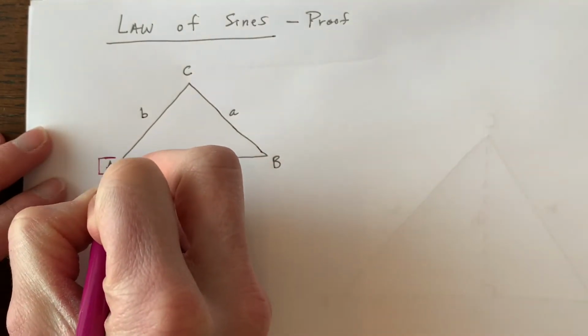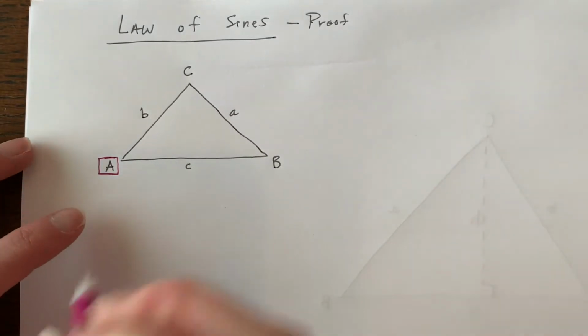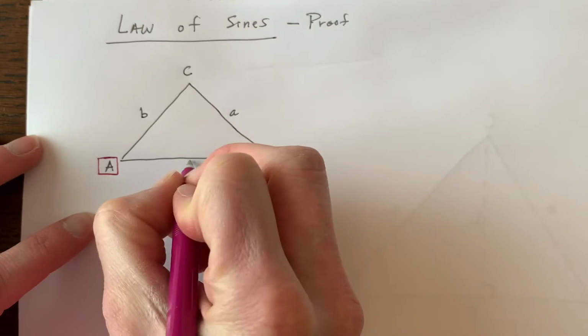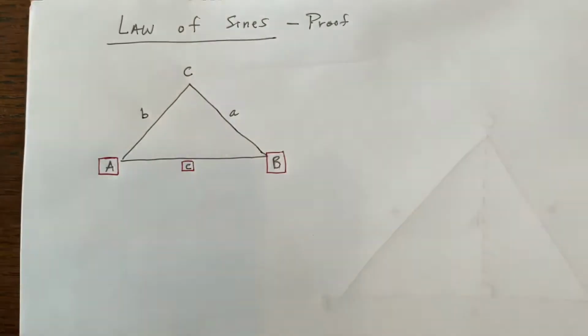So assume we know the measure of angle A, we know the measure of angle B, and we know the value of side C.